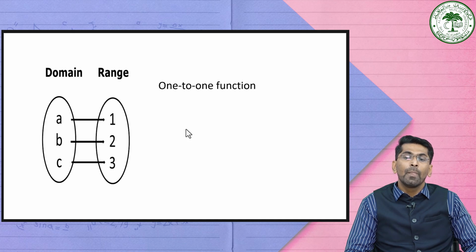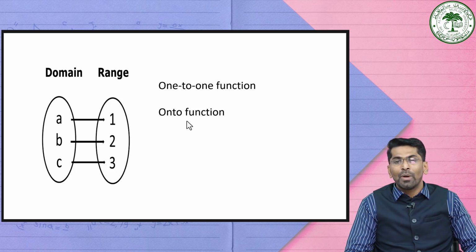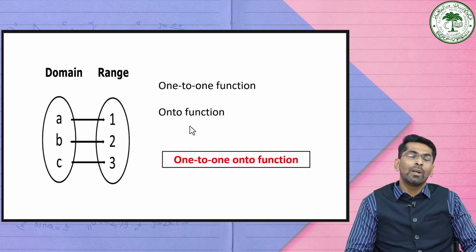None of the range is left unpaired; no element in the range is unpaired with the domain. Therefore, we can say that it is an onto function. It is also an example of an onto function. Since we have both characteristics of a one-to-one function and an onto function, this function is known as a one-to-one onto function.